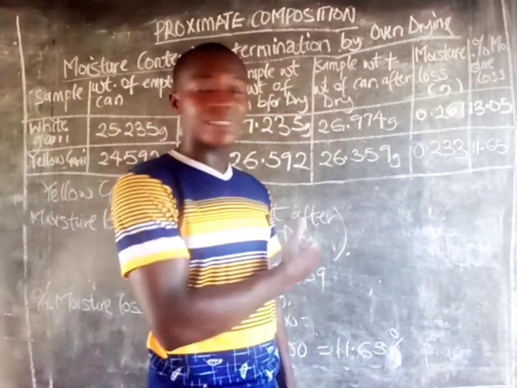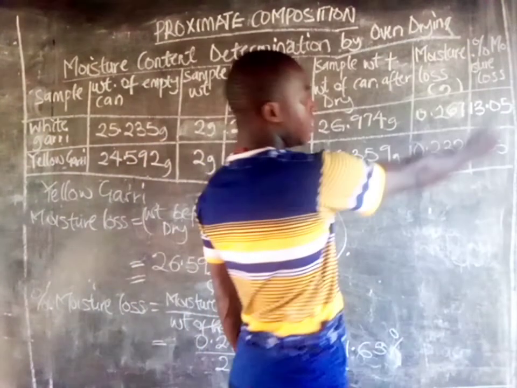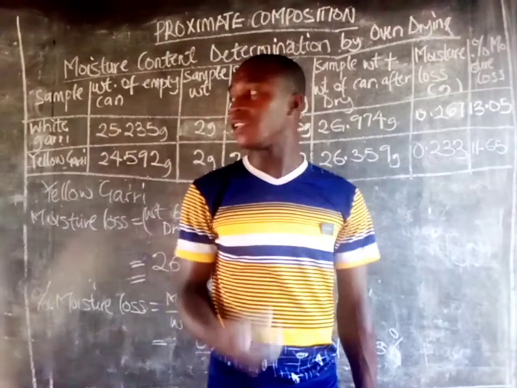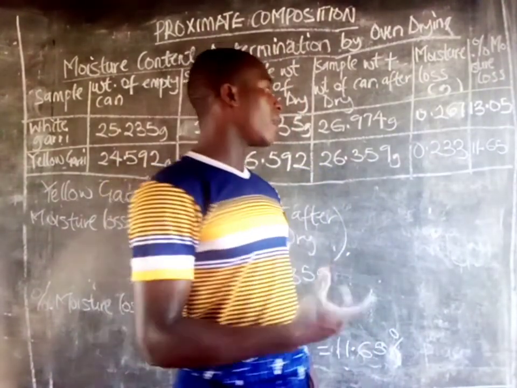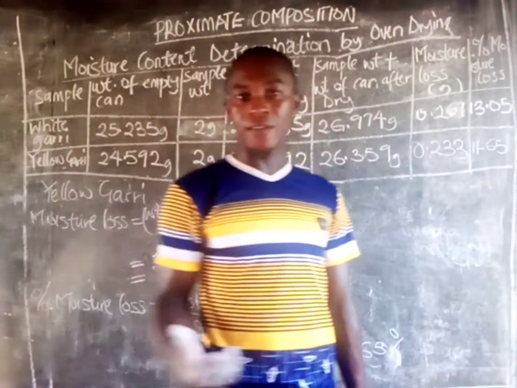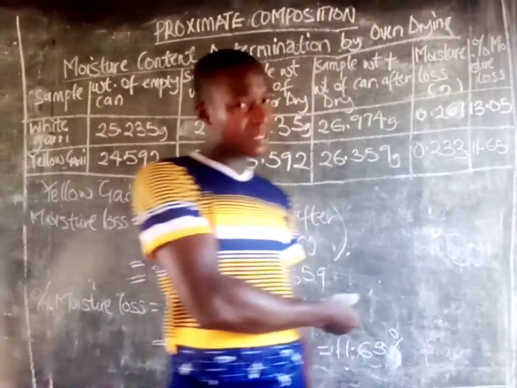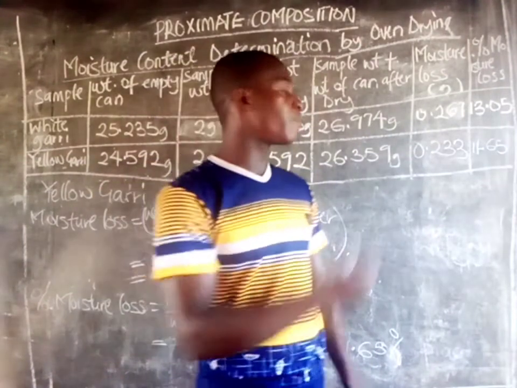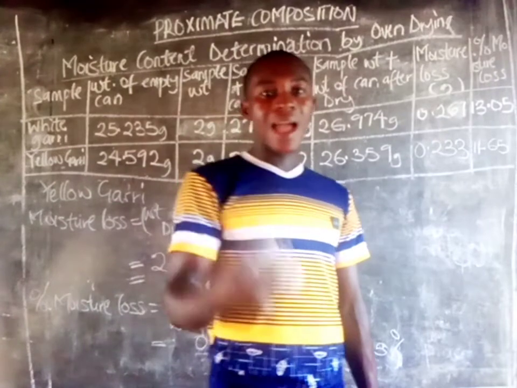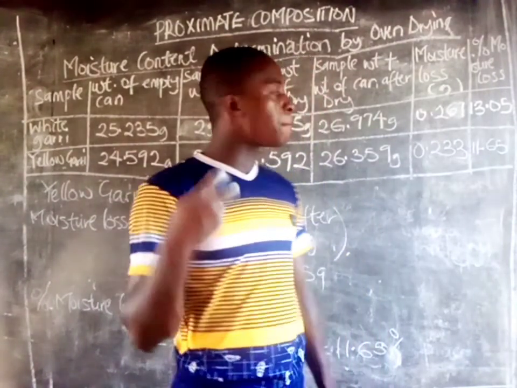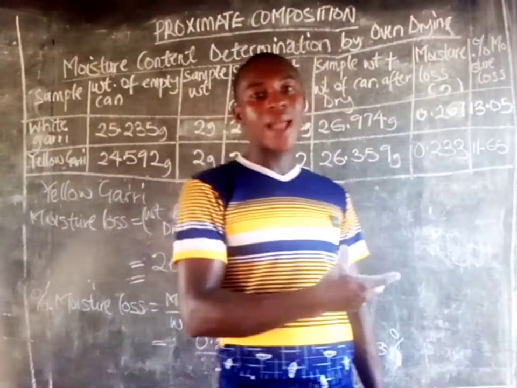From the analysis we carried out, white Gari had 13.05% of moisture, and yellow Gari had 11.65. So going by this assay, we can say that yellow Gari has a higher shelf life compared to white Gari.